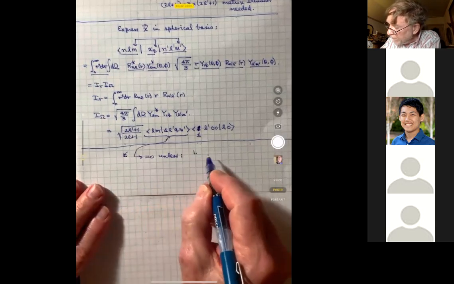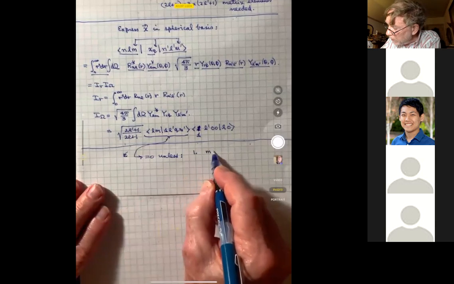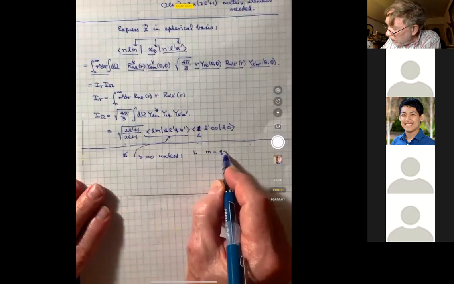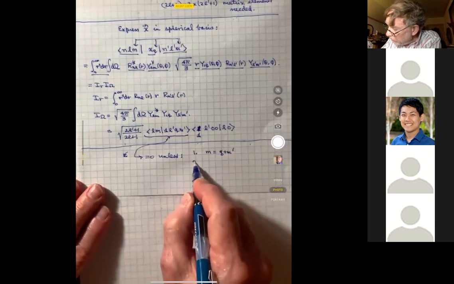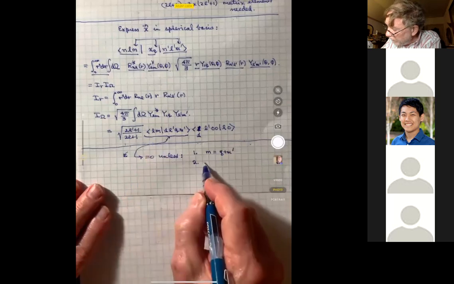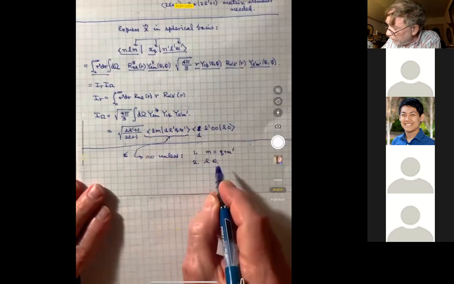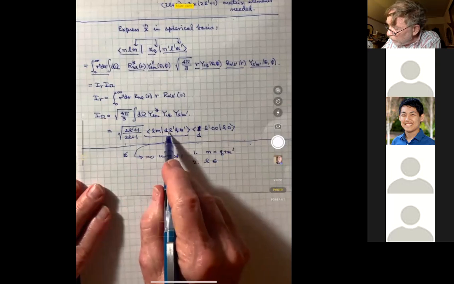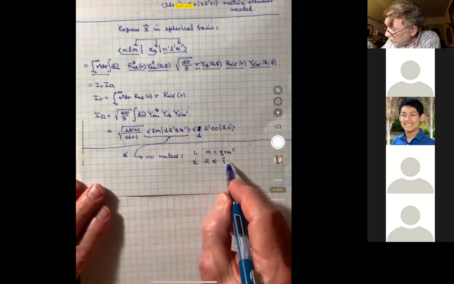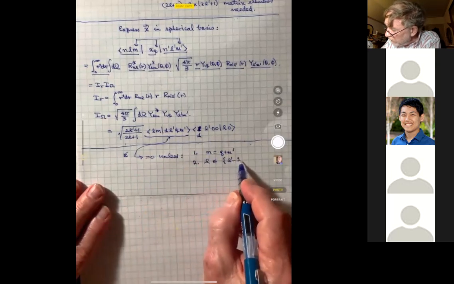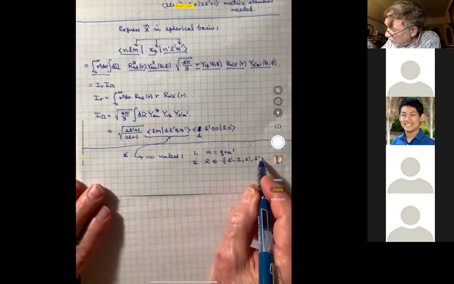The first one is on the magnetic quantum numbers, that M must be equal to Q plus M prime. And the second one is that the L value on the left must belong to the set of L values that can be obtained by combining 1 with L prime on the right. So it's either L prime minus 1, L prime, or L prime plus 1.